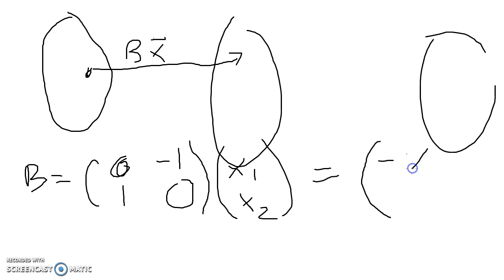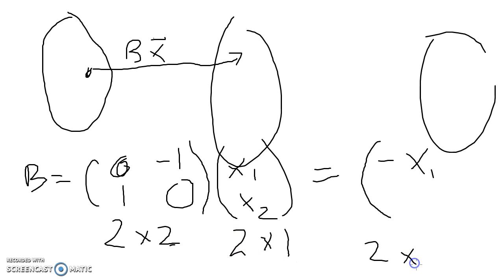Negative x1, and so this is a 2-by-2, and this is a 2-by-1. So the final output should be a 2-by-1. And the second one will look like this. Sorry, that should be next to the next one.